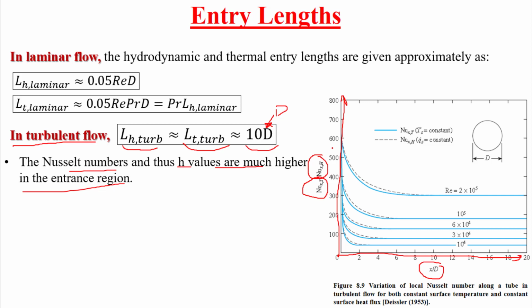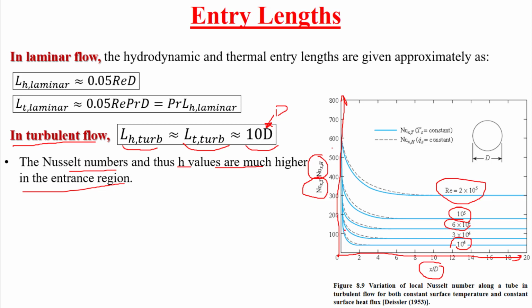And you can notice easily, depending on Reynolds number in the laminar case, this curve here is only for laminar. Okay, sorry, we are talking about 10 to the power 4. This is turbulent.